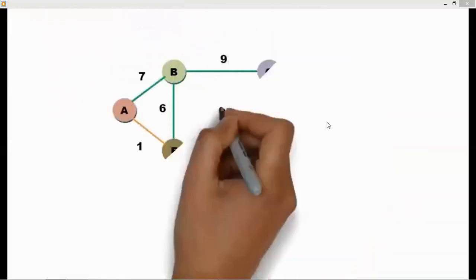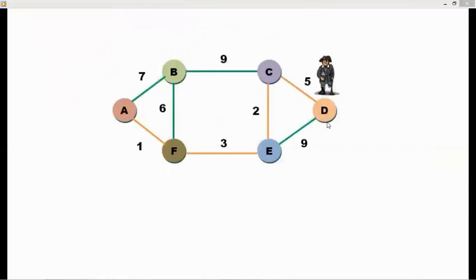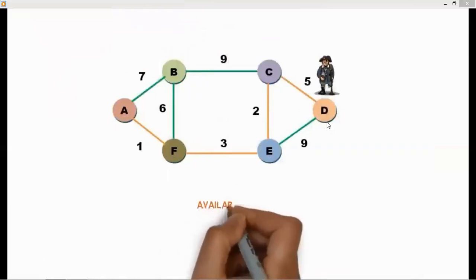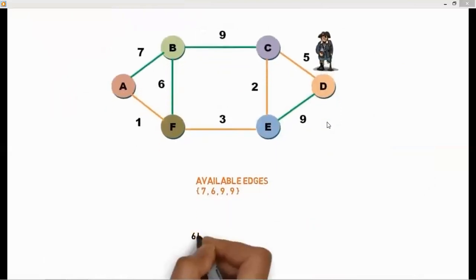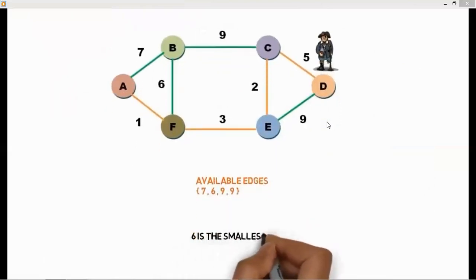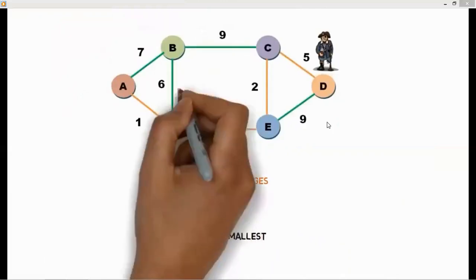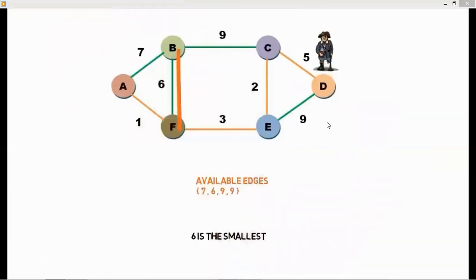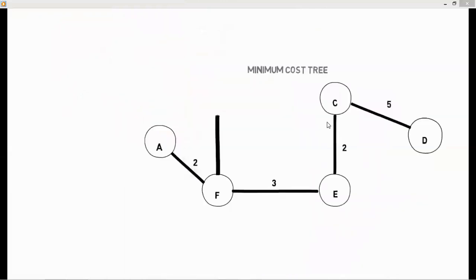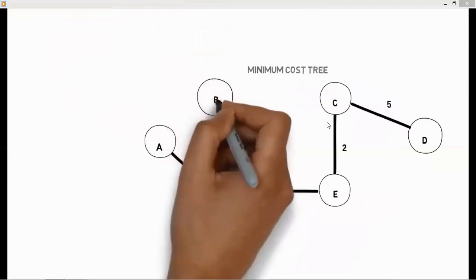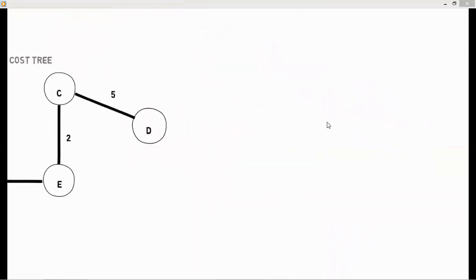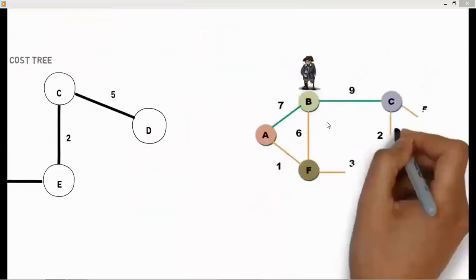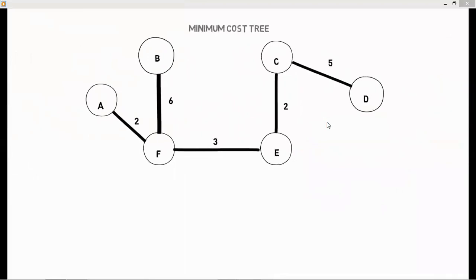Now for C, only one edge remains with the cost 9, C to B. For C to B, we form a circle or loop.